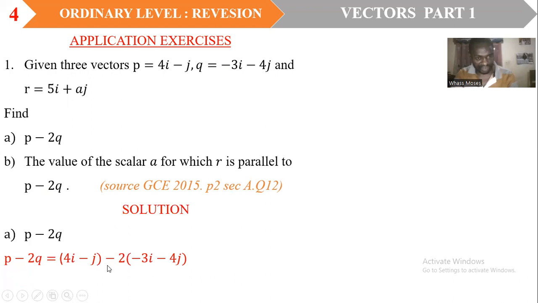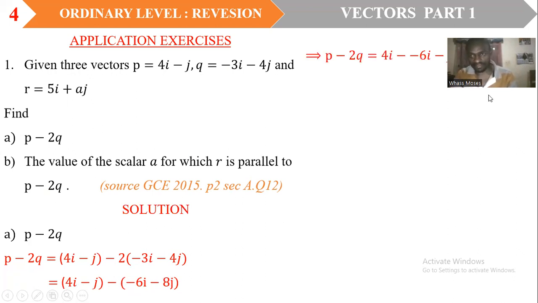Now, to simplify this, we first of all multiply 2 into the vector q. 2 times negative 3 is negative 6, and 2 times negative 4 is negative 8. Now we have the vector p minus the vector 2q in brackets.